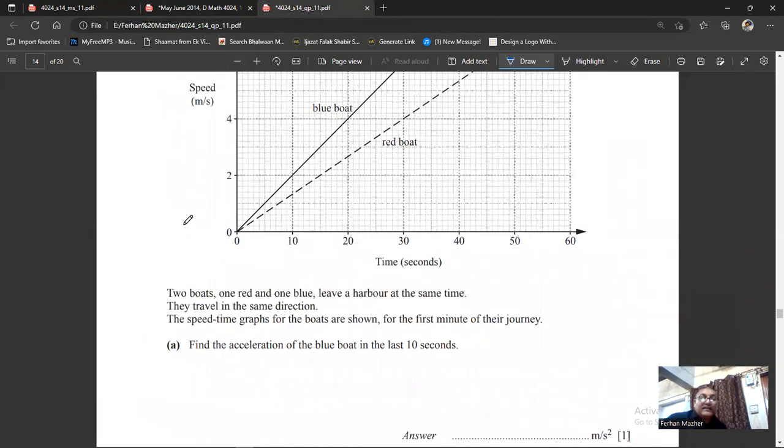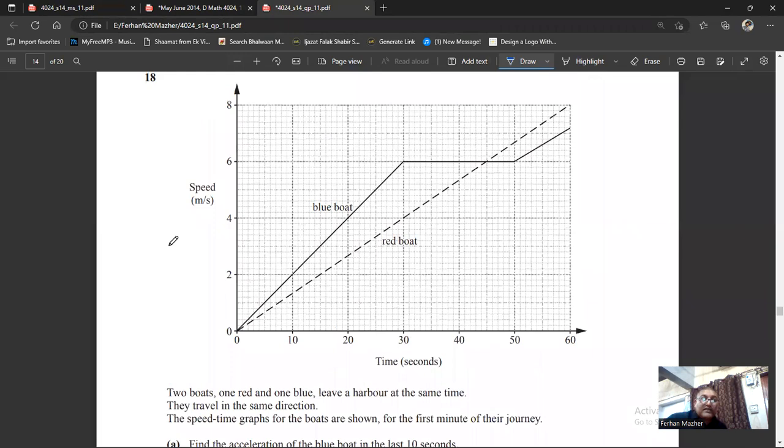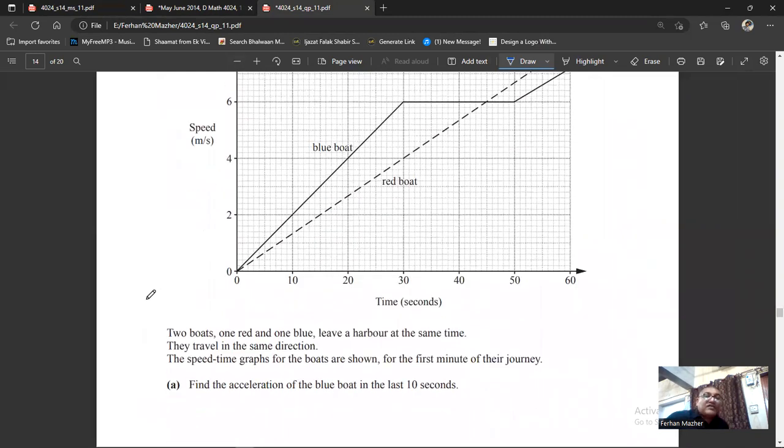Let me reduce the size so you can see the whole thing together. Two boats, one red and one blue, leave a harbor at the same time. They travel in the same direction. The speed time graphs for the boats are shown for the first minute of their journey. A part. Find the acceleration of the blue boat in the last 10 seconds.